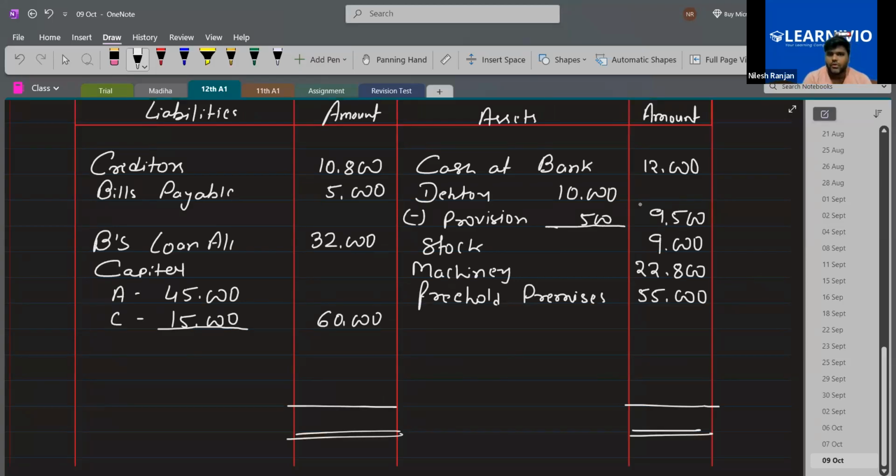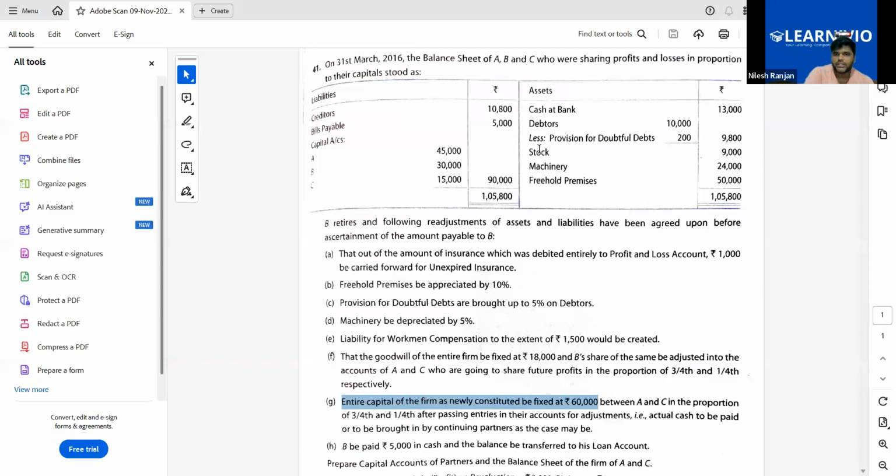There is cash at bank, debtors, stock, machinery, freehold premises. There is one insurance and one liability for workmen compensation. So these two will be written here.